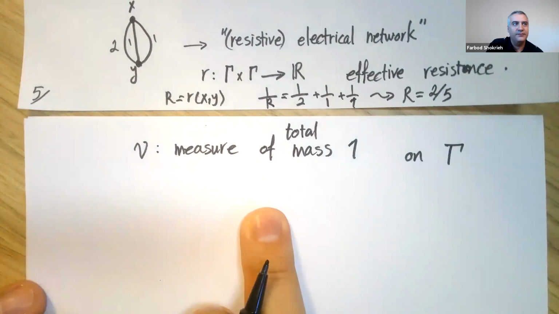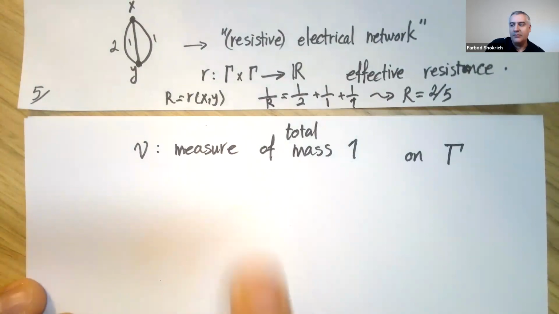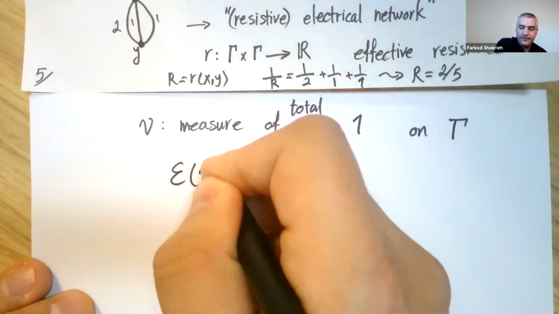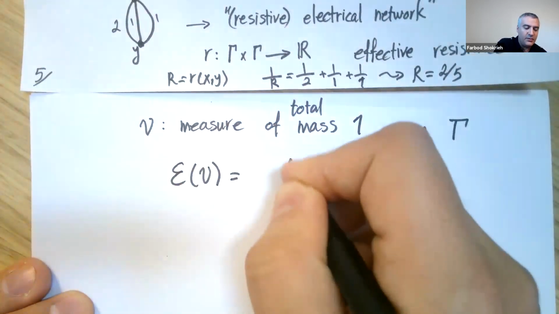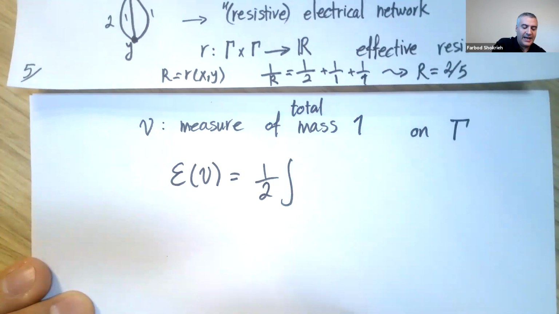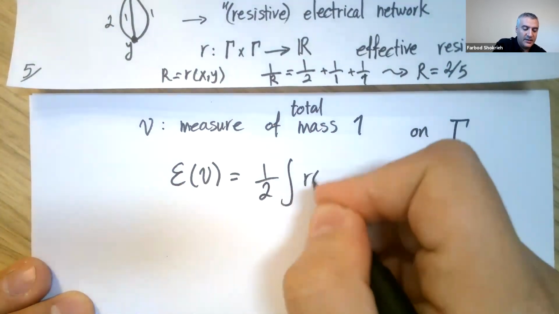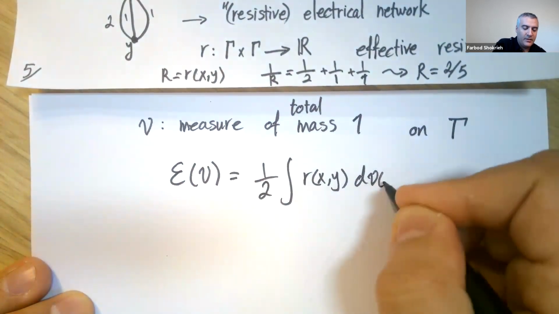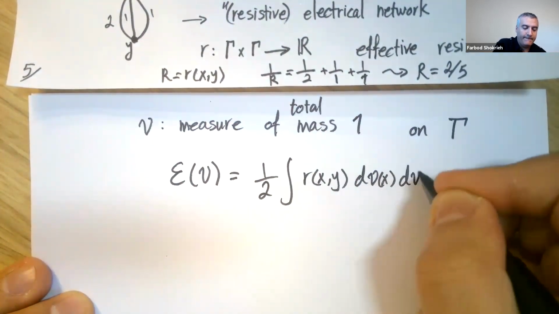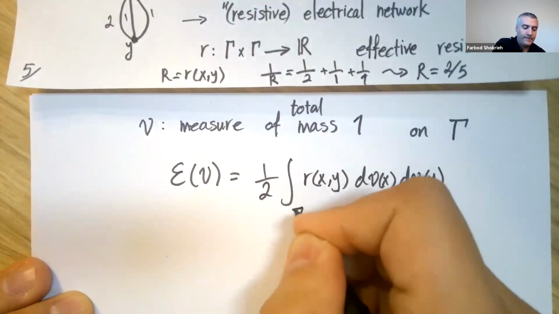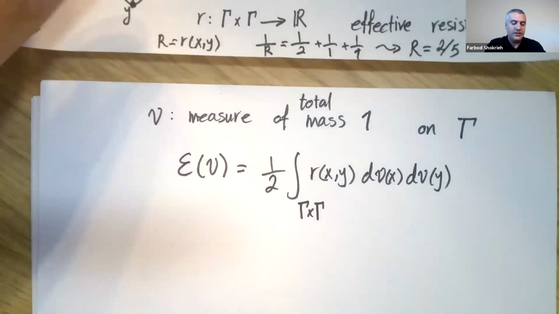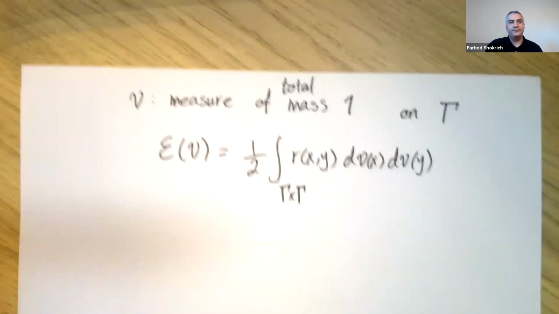It can be negative, or it's a signed measure. You define something called the energy of the measure to be a double integral. For some silly reason, there is a 1/2. Don't worry about that. You compute a double integral with kernel, which is the effective resistance function.